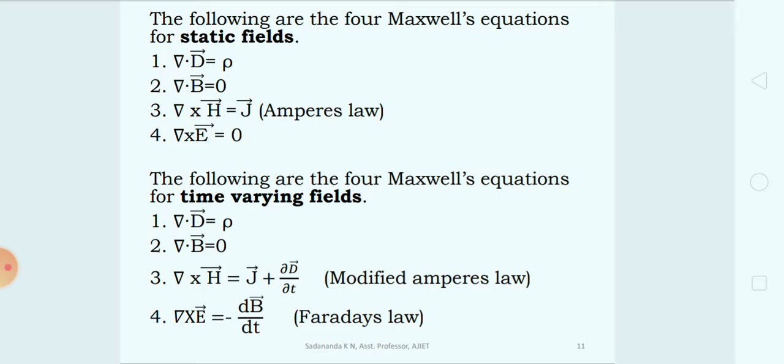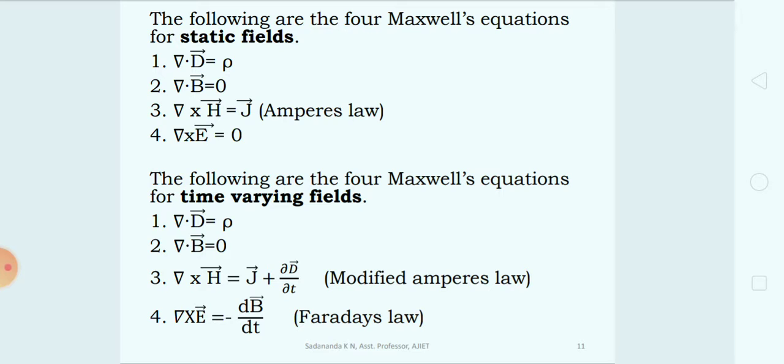Let me explain briefly. Divergence of vector D is equal to rho v, in the sense that the total flux through the surface is equal to the volume charge enclosed by the surface. The second, divergence of vector B is equal to 0, is a solenoidal condition: there is no diverging of magnetic field lines from the source, so the divergence of magnetic flux density is 0.